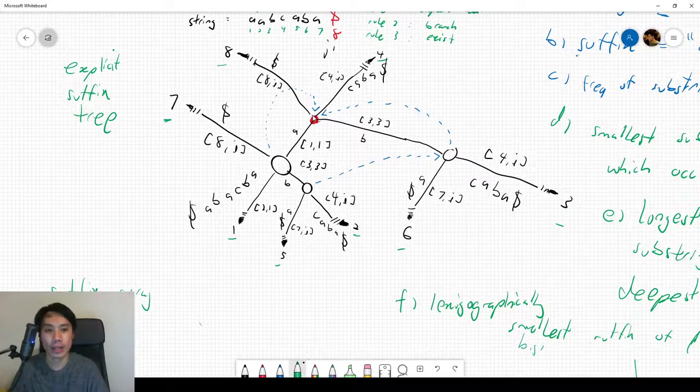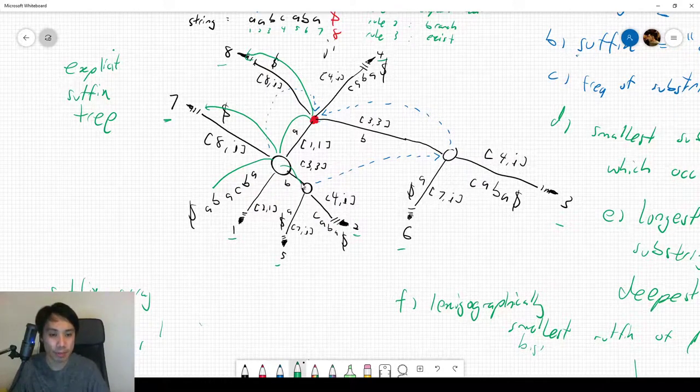Okay, number 1, the leftmost is dollar sign, so it will be 8. Then the next one will be A, dollar sign, 7, come back here, A will be 1, come back here, AB, where's my B?